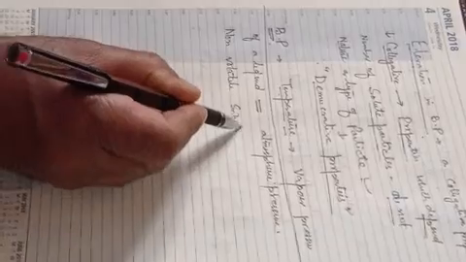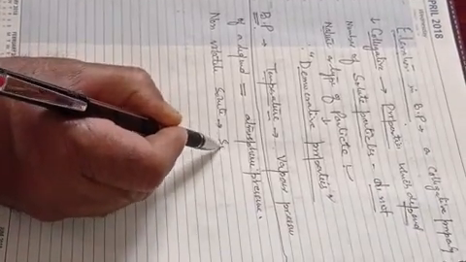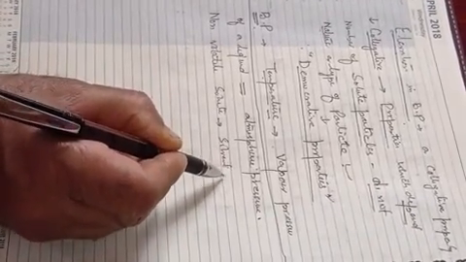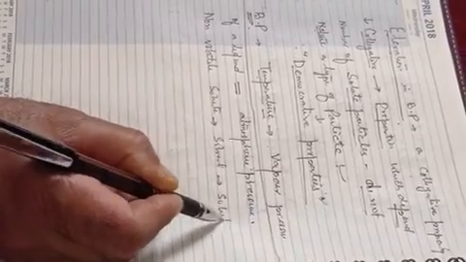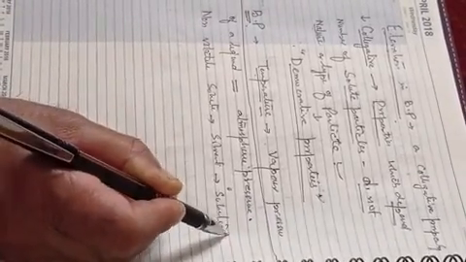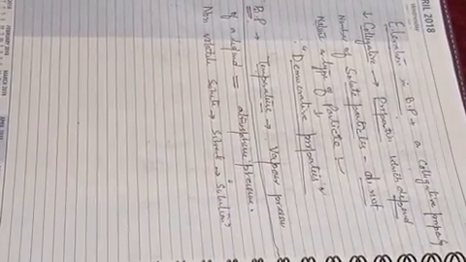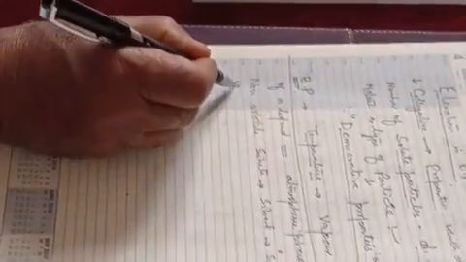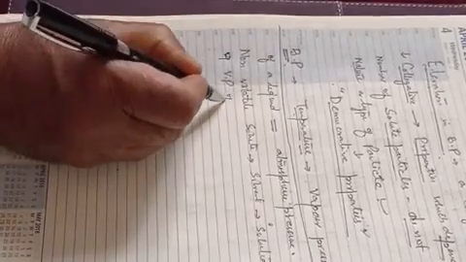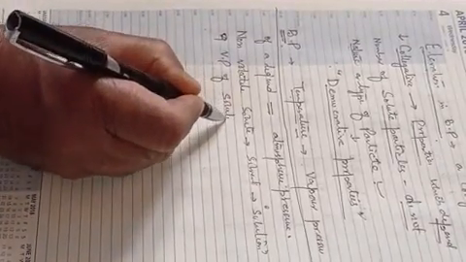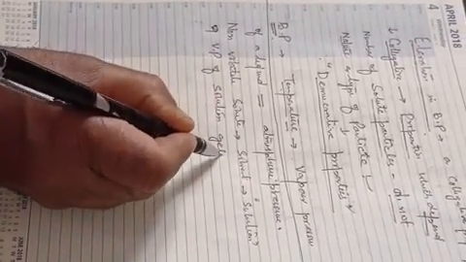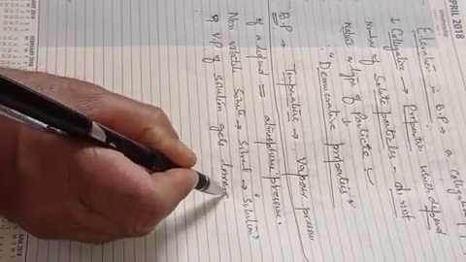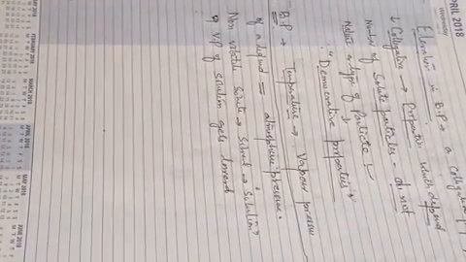is added to a solvent, in the solution so formed, that means the solution containing non-volatile solute, we know the vapor pressure of the solution is lowered by the addition of non-volatile solute.